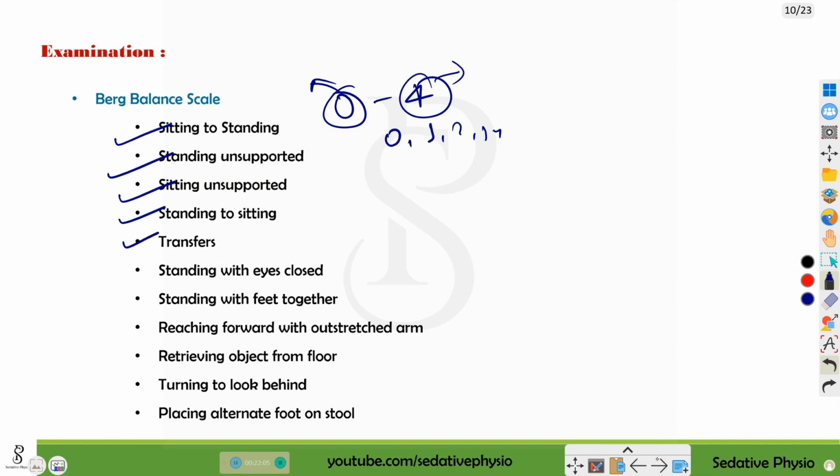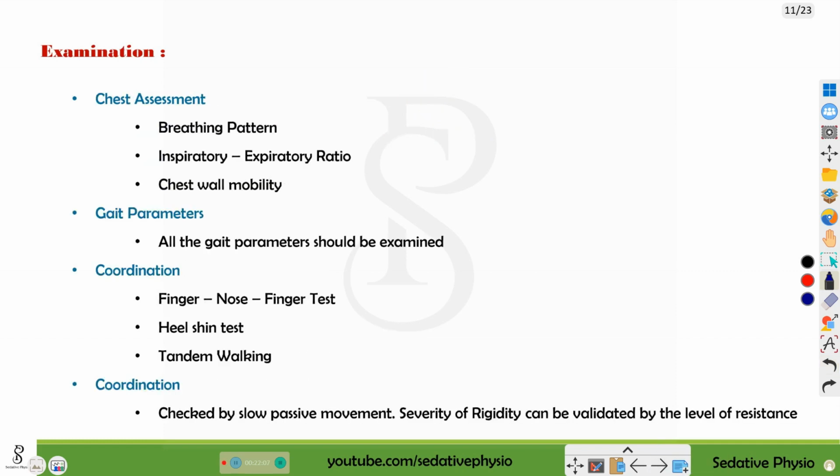Now, after this balance and postural control, we can go for the chest assessment. Now, chest assessment is very important. Why? Because of the forward bending of the upper trunk, there is a kyphosis deformity seen in the patient of Parkinson's, due to which the lungs collapse. The lungs get affected due to the postural instability of the upper trunk, and the breathing pattern also gets affected.